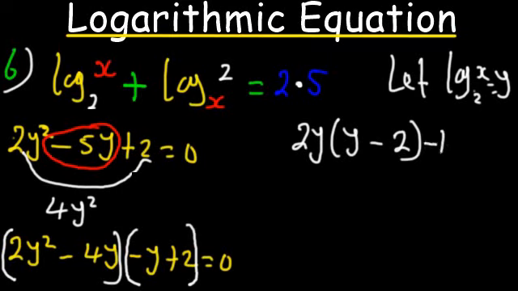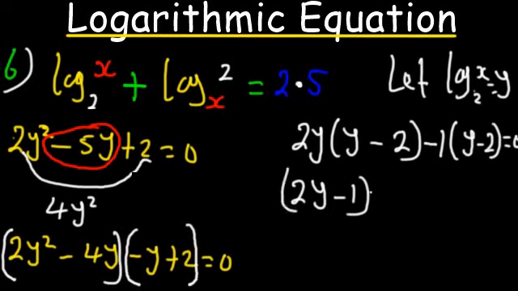So if minus 1 is common, left over we have y minus 2, equals 0. Now we can just factor out the GCF, the greatest common factor, which is simply y minus 2. So therefore 2y minus 1 multiplied by y minus 2 is indeed equal to 0.